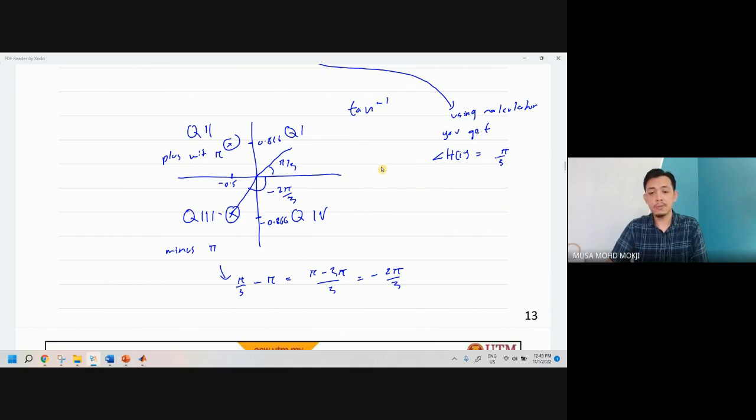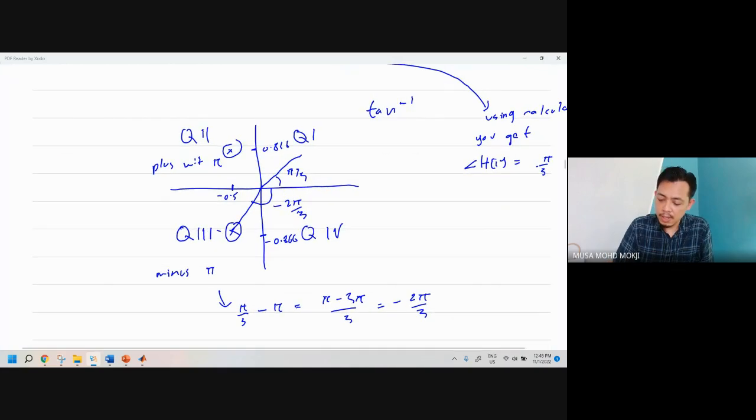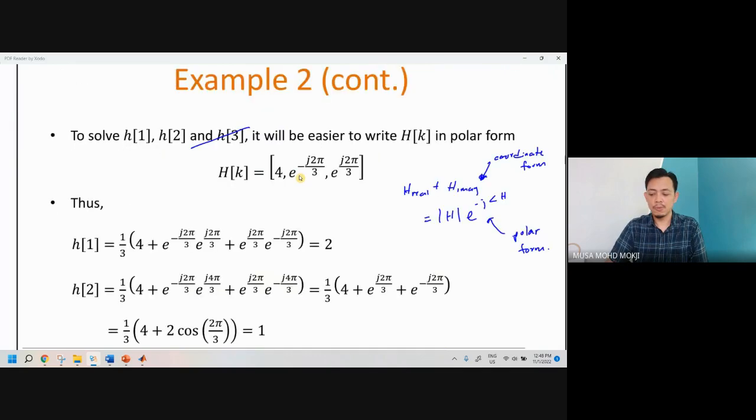Then you need to plus with pi. So negative pi over 3 plus pi, you will get 2 pi over 3. All right, so that's a trick for doing a tangent inverse, because it will not be straightforward.